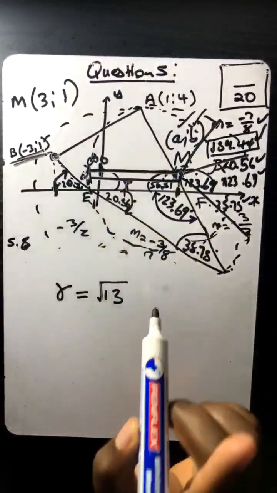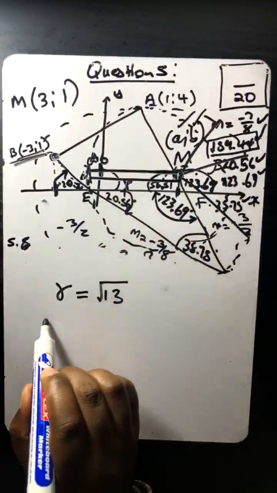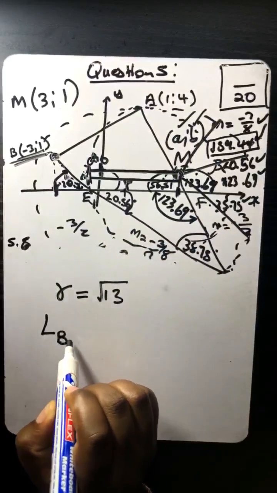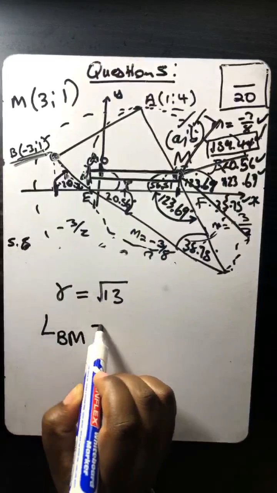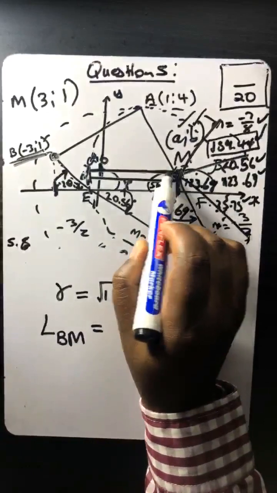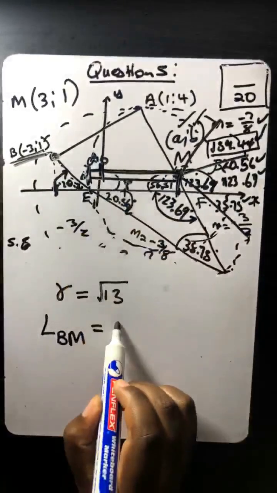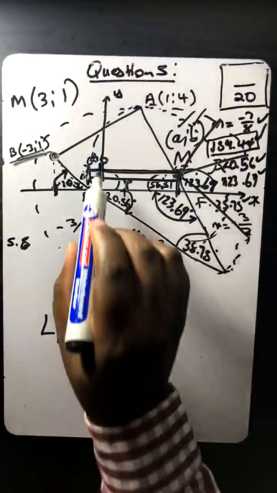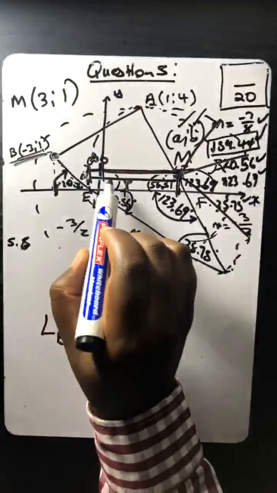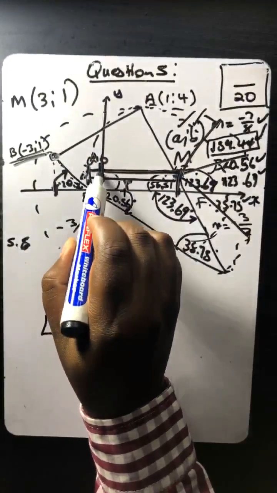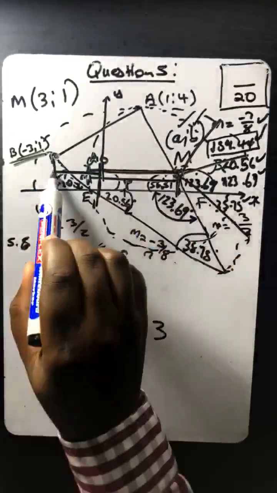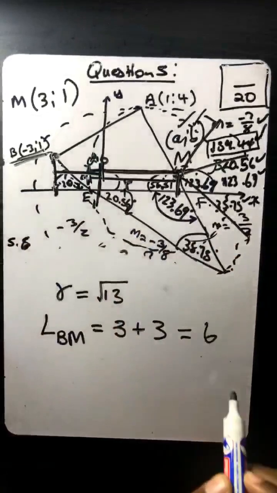Then let's check what is the distance or length of MB or BM. From there up to there being 3. Then to get to B, you need to add another 3. So can you see the total distance from there to there? It's 6.